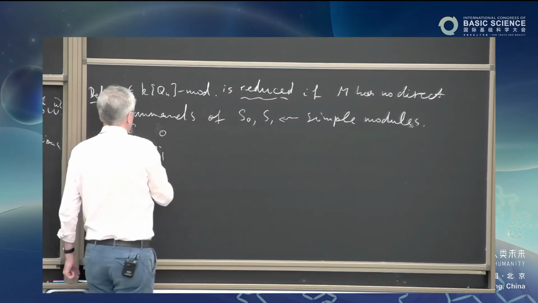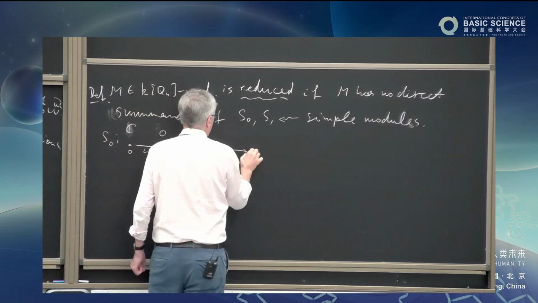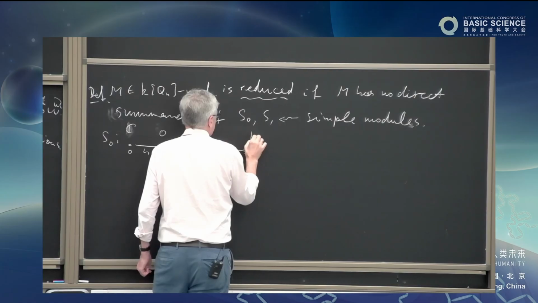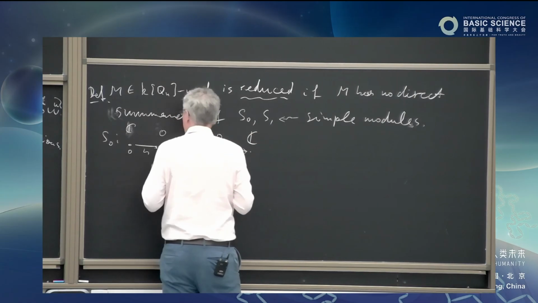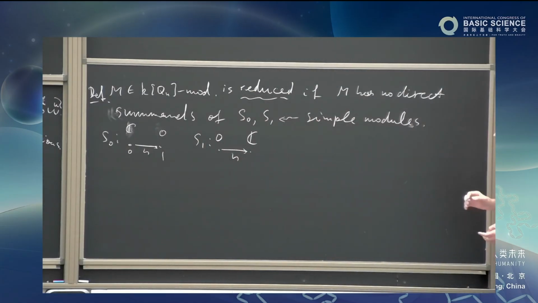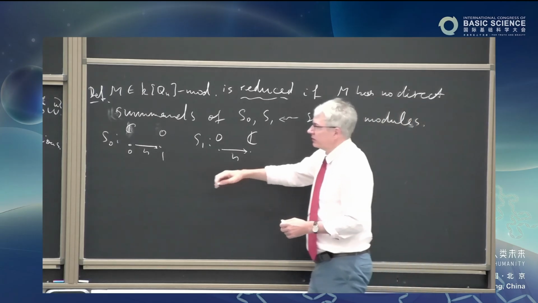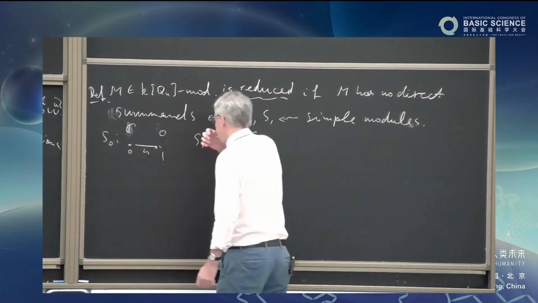This is the representation for S0, and S1 is similar, but with a one-dimensional space here and a zero-dimensional space here. And of course, all arrows are represented by 0. These are simple modules, and in general, if you consider representations of a quiver, simple modules correspond to the vertices of the quiver.